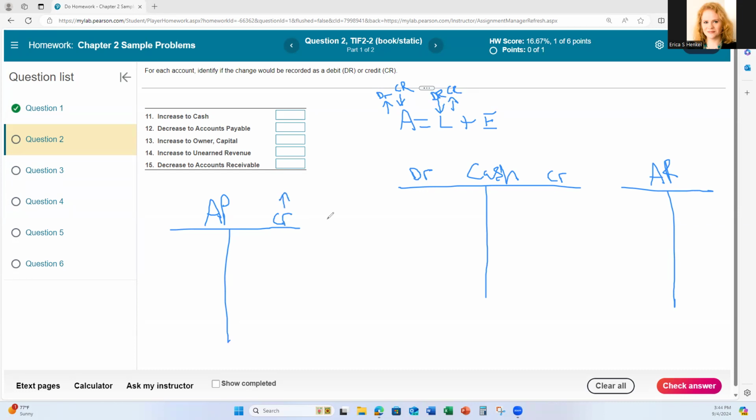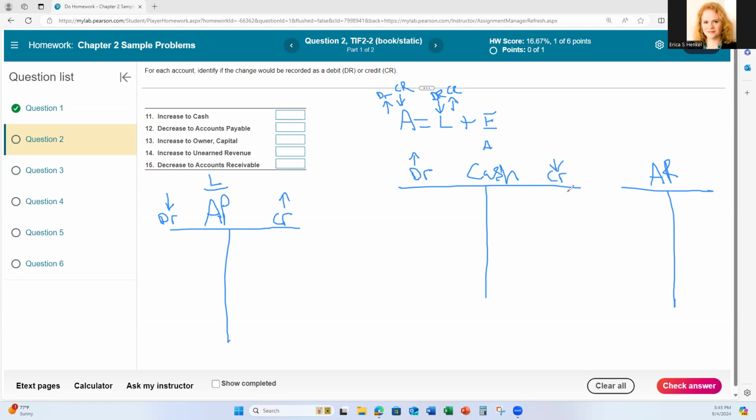If I pay off an account payable that I owe to somebody, I would debit that here on the left-hand side, so decrease. So for a liability, it increases by crediting and decreases by debiting. And for an asset, it increases by debiting and decreases by crediting.